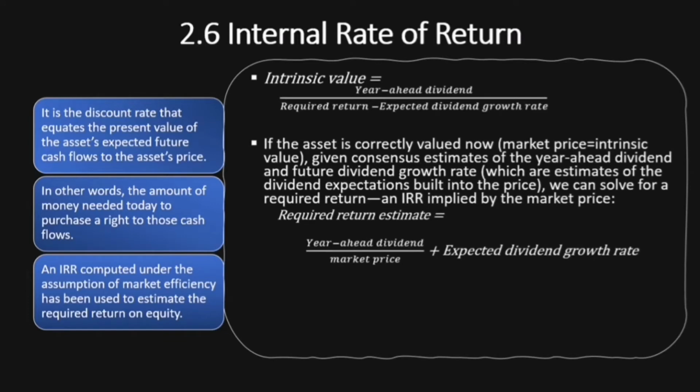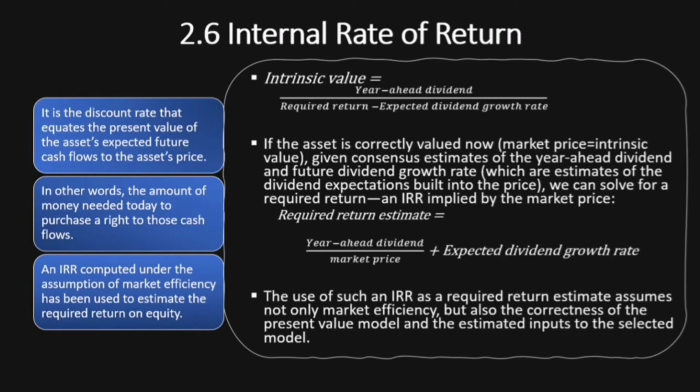If the asset is correctly valued now, which is market price equal to intrinsic value, given consensus estimates of the year-ahead dividend and future dividend growth rate, which are estimates of the dividend expectation built into the price, we can solve for a required return, the IRR implied by the market price, which is required return estimate equal to year-ahead dividend divided by market price plus expected dividend growth rate.